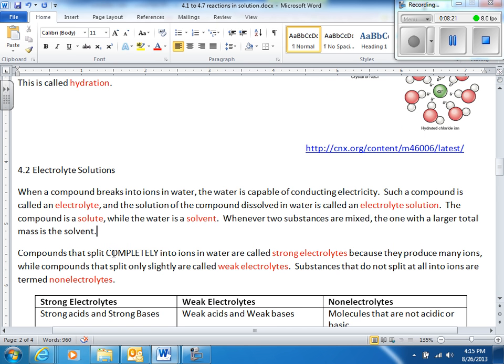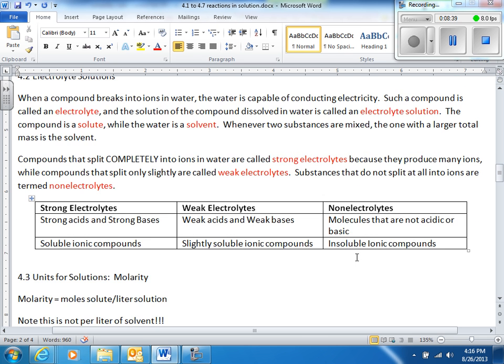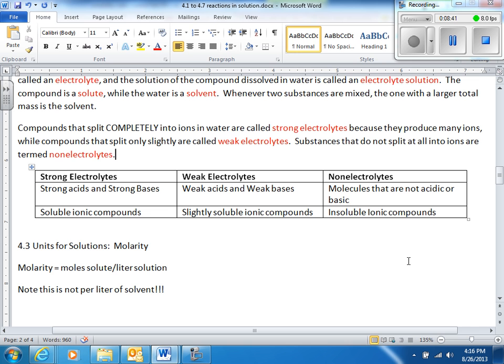Okay, strong electrolytes split completely. Weak electrolytes split only slightly, and weak electrolytes only conduct weakly. Strong electrolytes conduct completely. If a substance doesn't break into ions at all, it would be called a non-electrolyte. So here are some examples of strong, weak, and non-electrolytes.